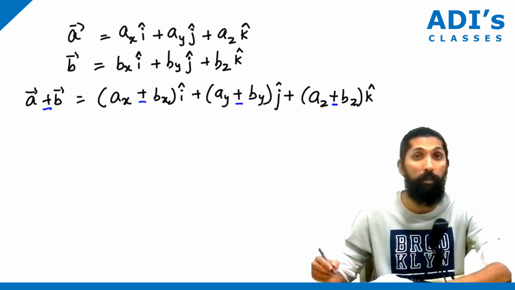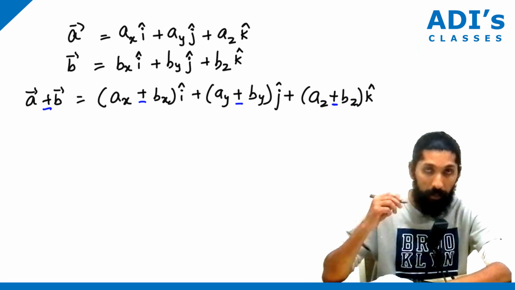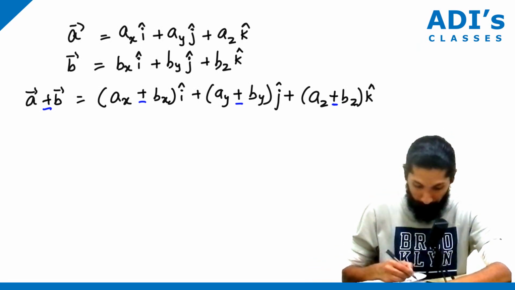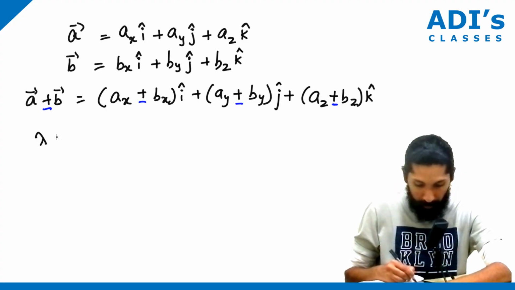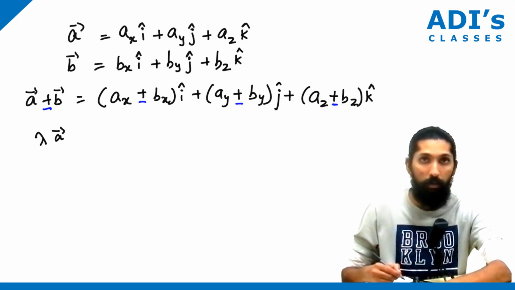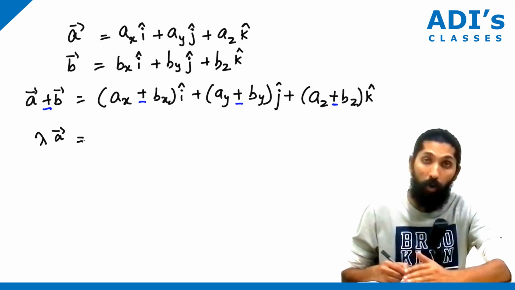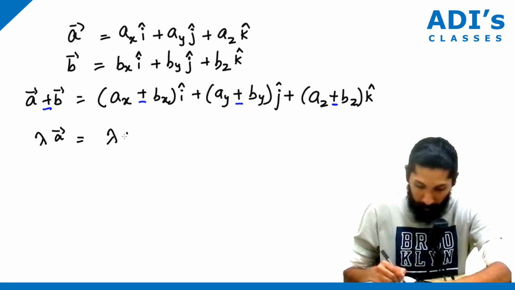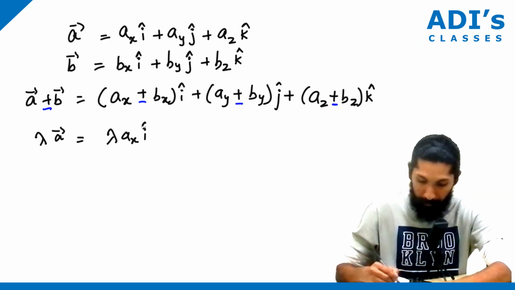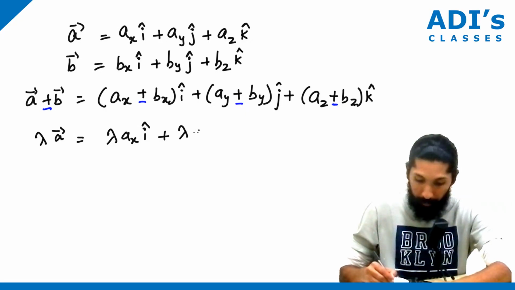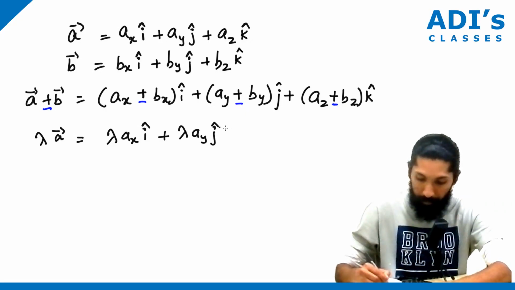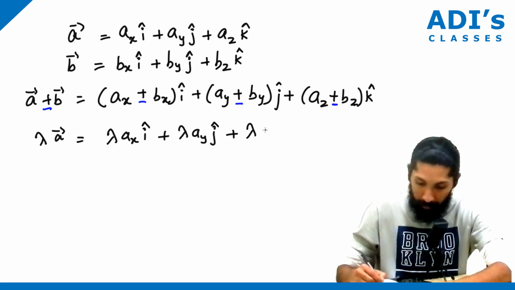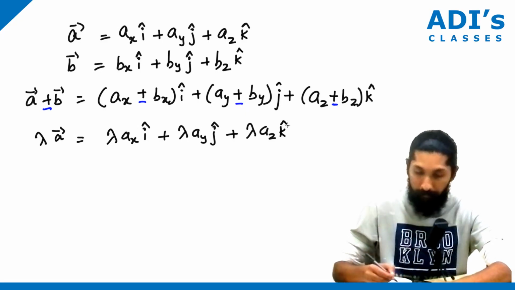Now, what if we multiply by a constant? In the sense, what if we write some value lambda into vector A? That lambda gets multiplied to all the components. That is lambda into ax i cap, lambda into ay j cap, plus lambda into az k cap.